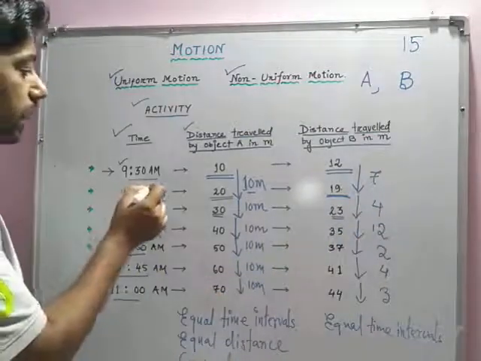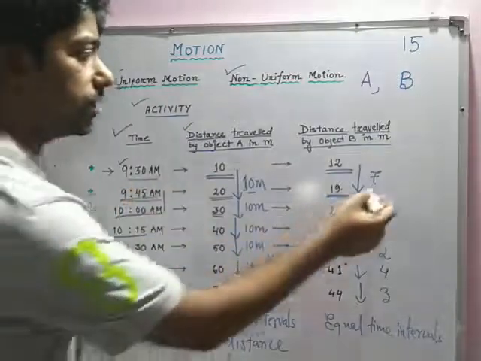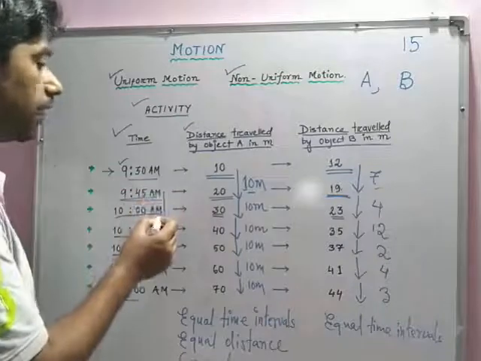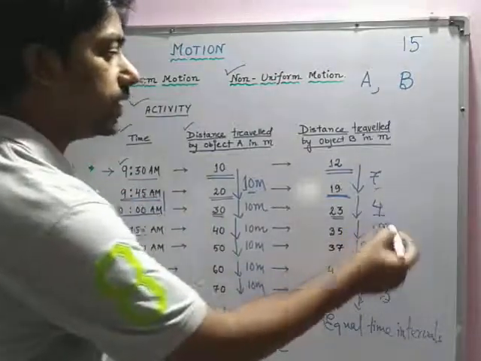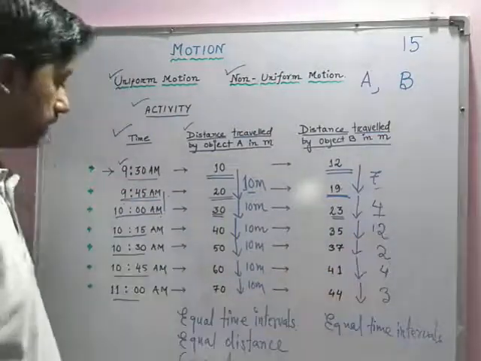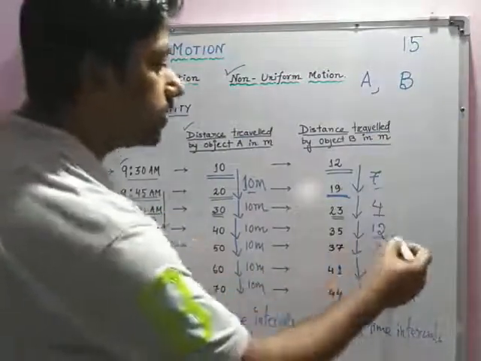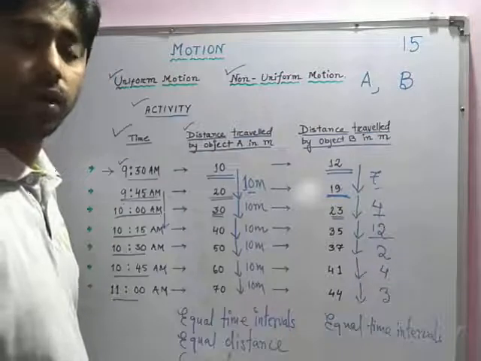In the first interval of 15 minutes, the distance covered is 7 meters. In the second interval, it is 4 meters. In the third interval, it is 12 meters, and so on.